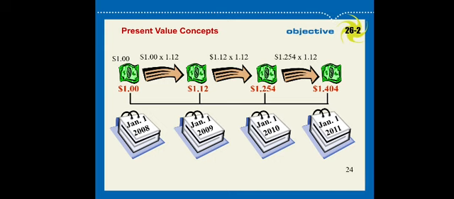In another way, $1.40 in 4 years in the future is $1 now. The value of $1.40 in the next 4 years is $1 now if the interest rate is 12%. So that is the concept of present value.